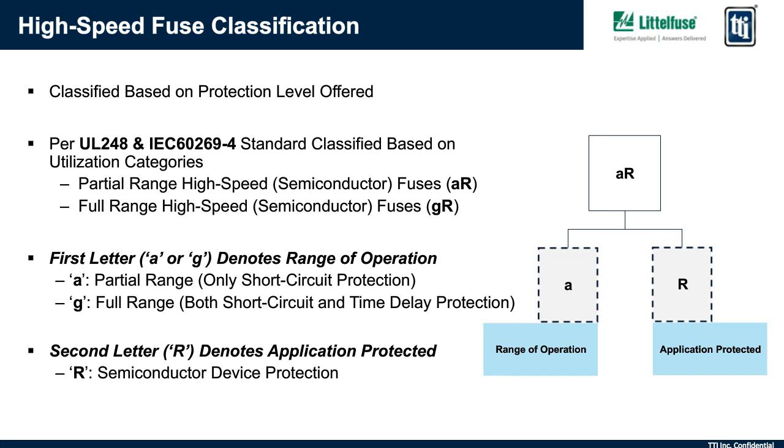And the second letter, which is a capital R, denotes that it's a semiconductor device protection, which means, for a high-speed fuse, this is the application that it's protecting for. That could be different depending on if it's a UL fuse or a traditional fuse.